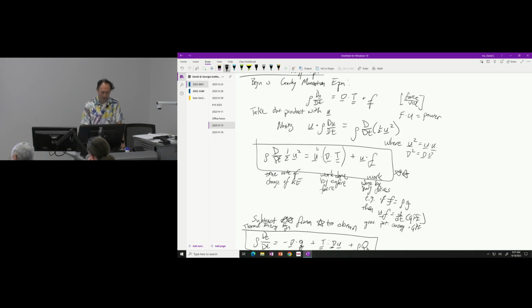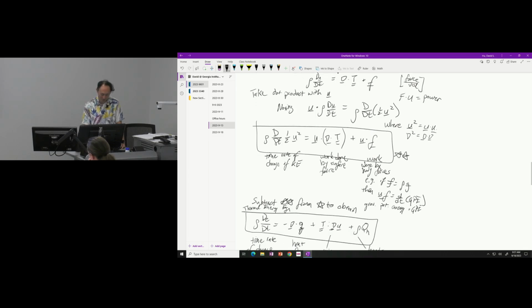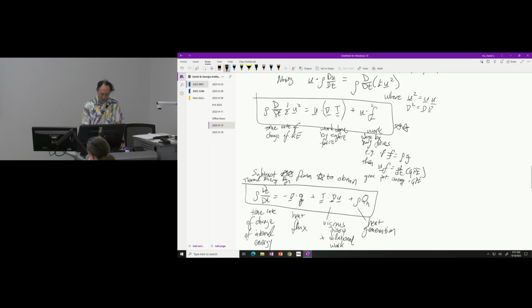For example, with a piston you have a force and a velocity at the surface, so you get work done by expansion, and also work done by body forces. If your object is falling in a gravitational field, it's going to increase in velocity, etc.